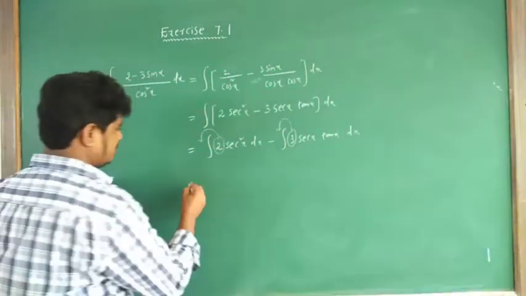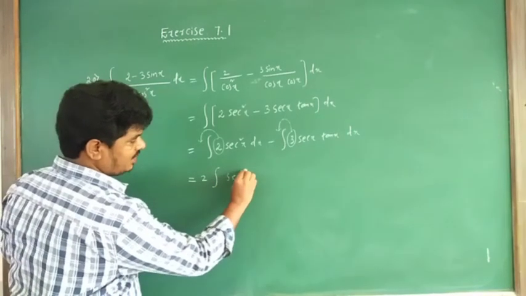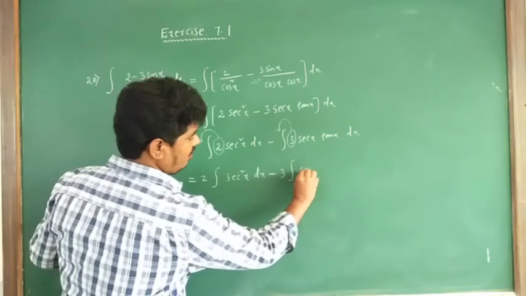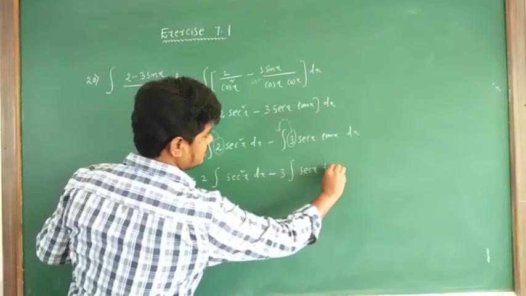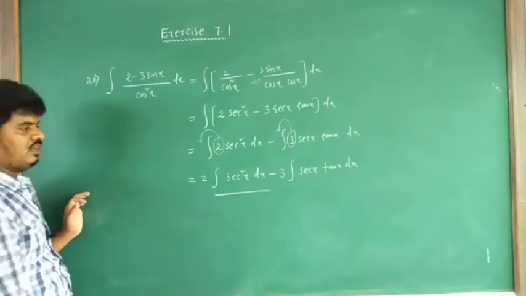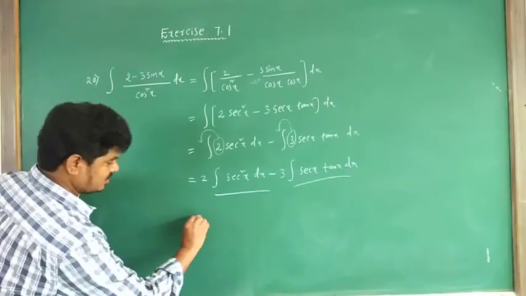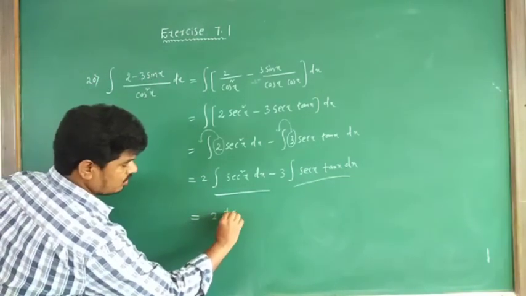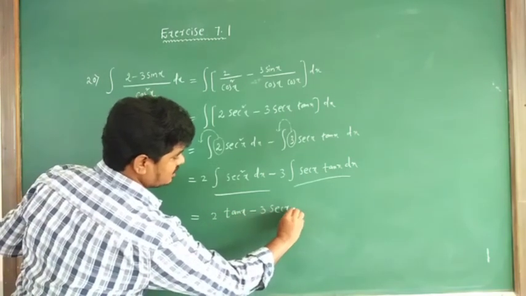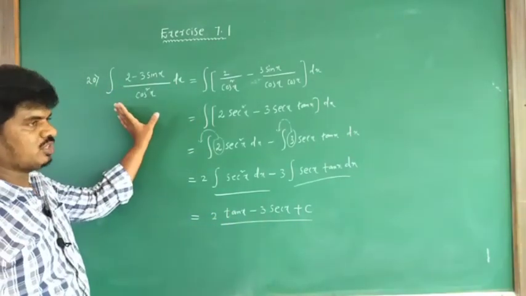So this is equal to 2 into integral of secant square x dx minus 3 into integral of secant x tan x dx. What is the integral of secant square x dx? Tan x. What is the integral of secant x tan x dx? Secant x. So, 2 into tan x minus 3 into sec x plus c. It is the answer to that 20th question.